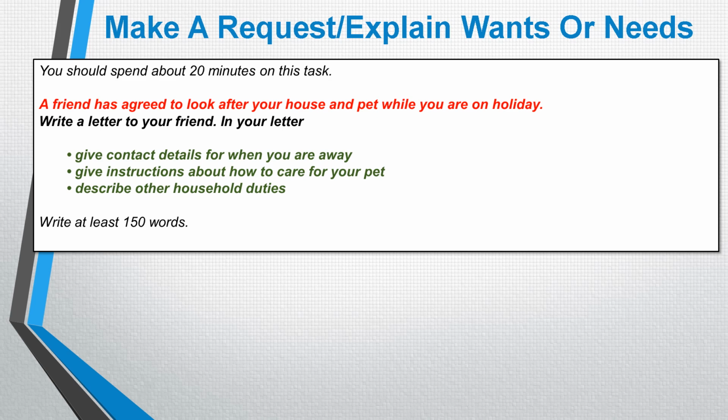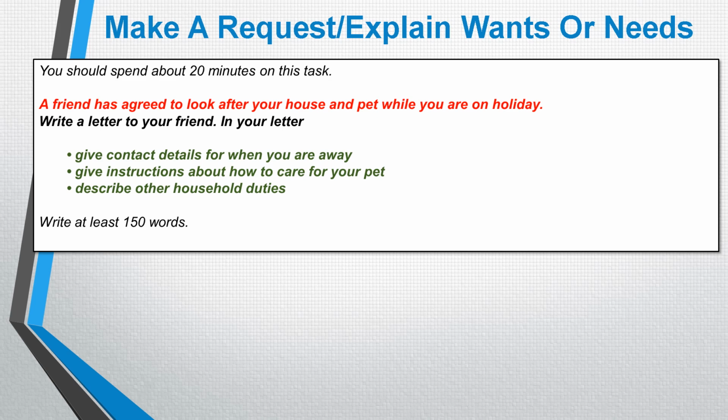Now we're going to take a look at examples of each of those different types of questions, just to give you an idea of the types of questions that you might face and some of the types of instructions that you're likely to see. The first type of letter is one that asks you to make a request or explain wants or needs.